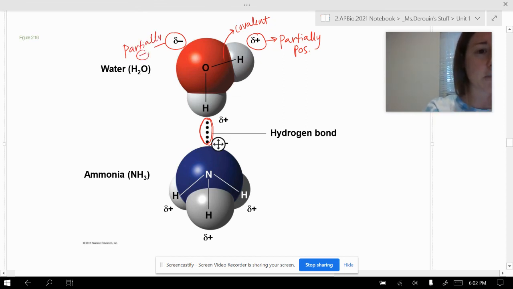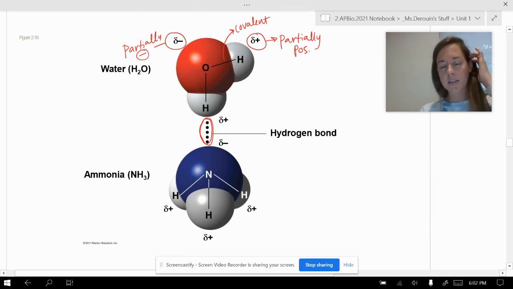And again, it's just partial because the entire water and the entire ammonia is not positive or negative. You can see that even by just looking at it: it's not H2O plus, it's just H2O. And same thing, it's NH3, not NH3 plus or minus. The whole thing is neutral, but within the neutral one, they're pulling different amounts, which is causing certain sides to be more negative or more positive.